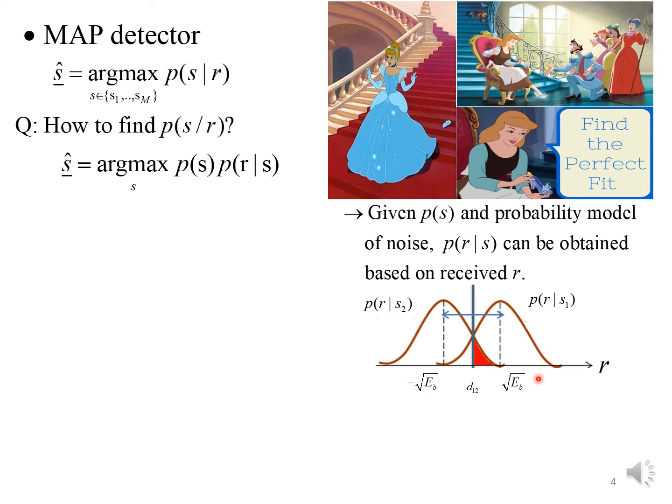So this probability model would be available, the probability distribution of R given S1 or given S2.